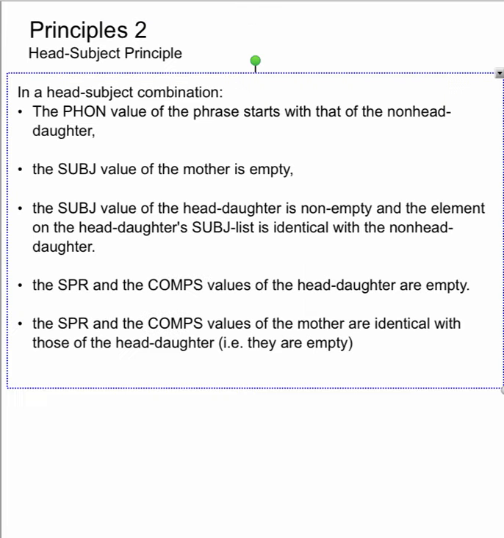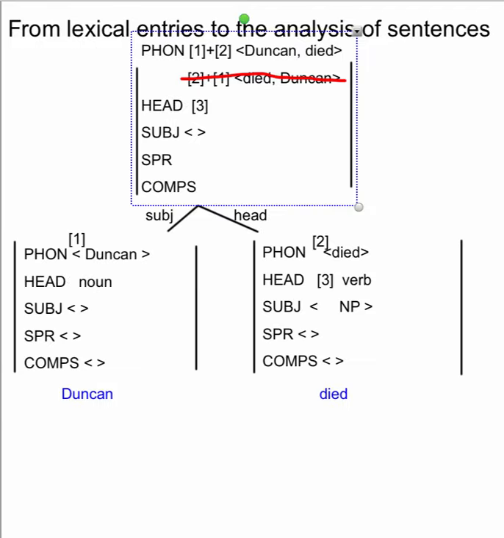The next bullet point here takes care of the relation between the two daughters. It says the subject value of the head daughter is non-empty, and the element on the head daughter's subject list is identical with the non-head daughter. So let's look at our structure.